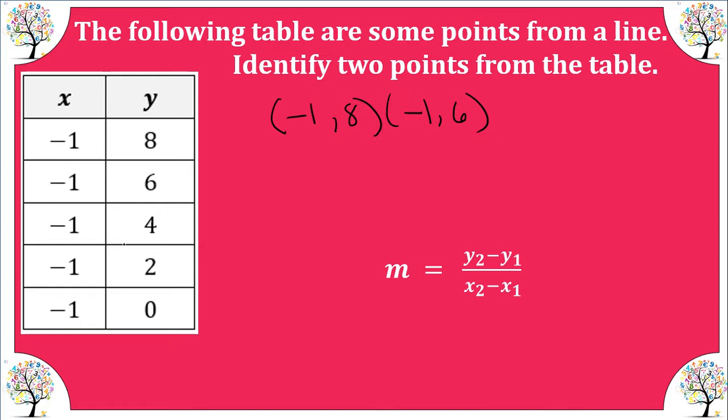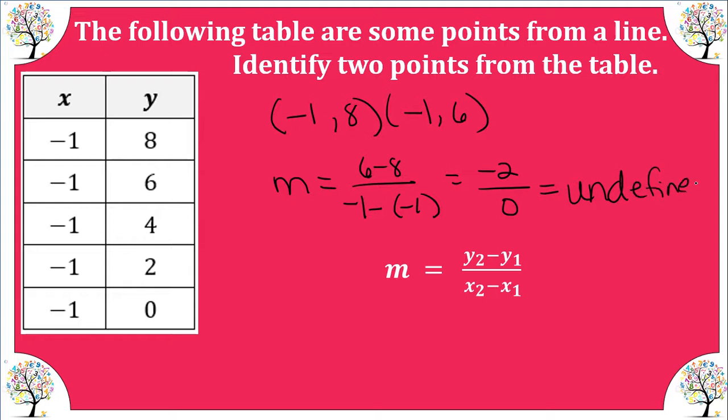They have different outputs, so we know this is not a function. And we know that the only line that is not a function is the vertical line itself, but let's prove it. 6 minus 8 over -1 minus -1. We get -2 over 0, and we can't have a 0 in the denominator, so we say it's undefined.